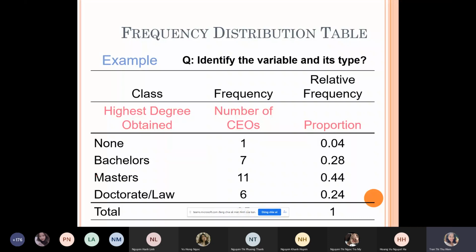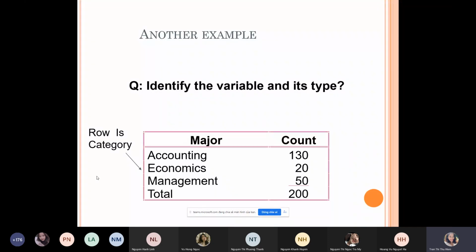For the second example, identify the variable and its type. What is your variable in this case? The variable is major and it is nominal.